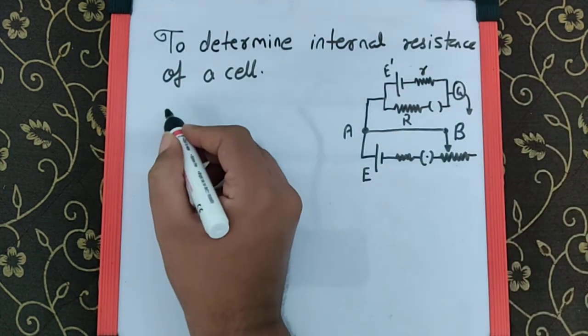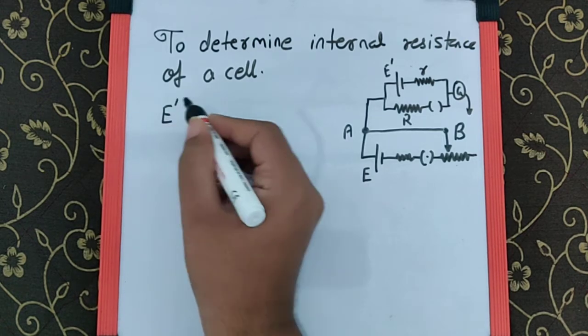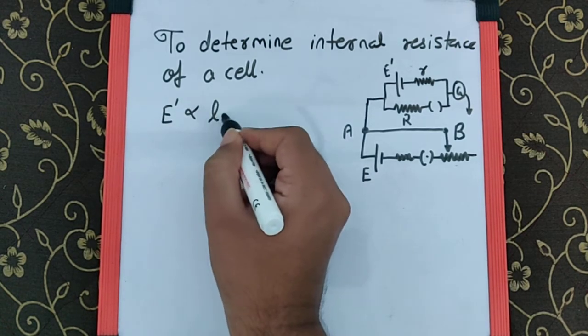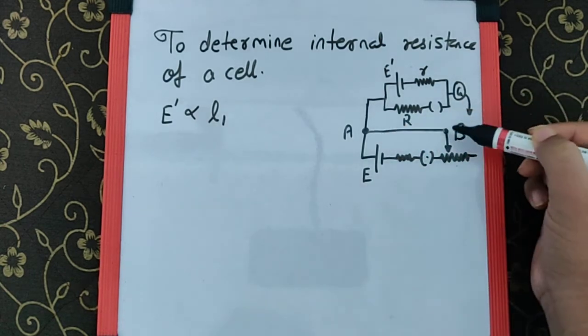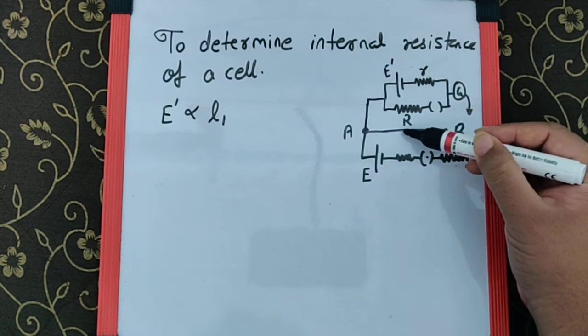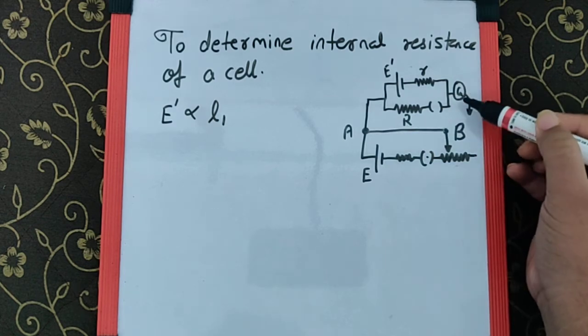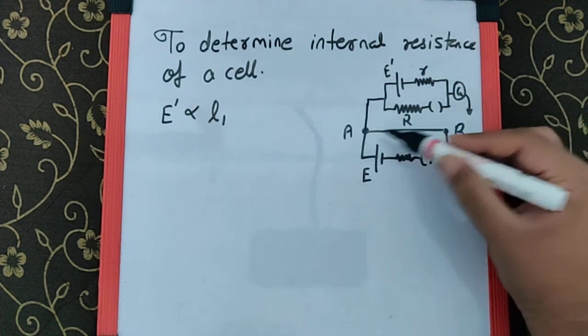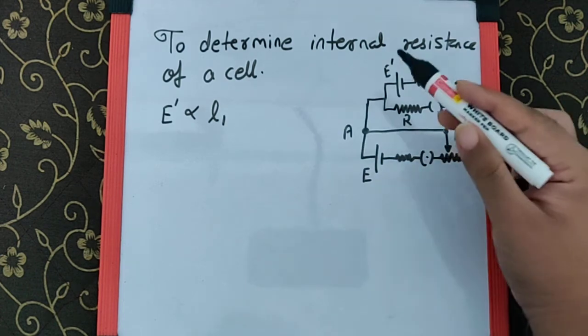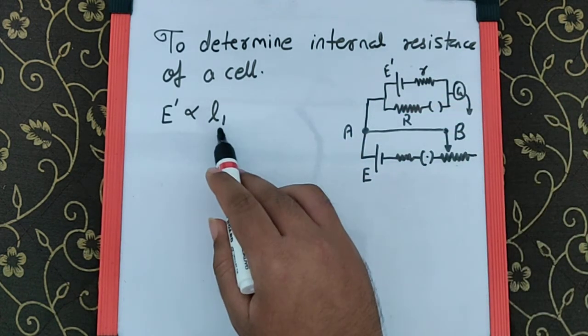And that means E dash can be measured using L1: the jockey is tapped from point A to B and one point is found for which the galvanometer shows 0 or null deflection, and that length from point A is taken as L1. So E dash is measured using L1.